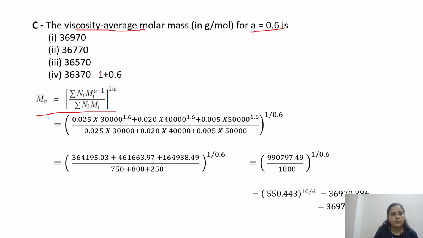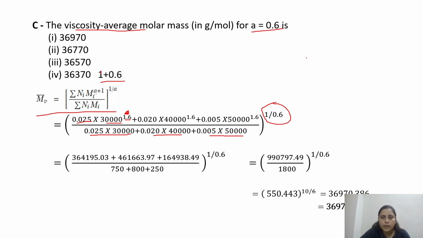Right? And then the same we'll do for the chain Y, which is its moles multiplied by its molar mass, 0.020 into 40,000 to the power A plus 1, and for the chain segment Z we will calculate and then sum up all these three things, and then we will divide by the summation of NiMi, which is this for X, for Y, and for Z we will calculate, and to the power of 1 upon A, which is 1 by 0.6.